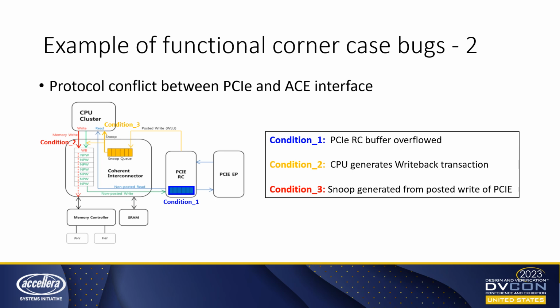At the same time, in condition 3, the PCIe will generate a posted write, and this posted write will generate a write line unique transaction, which will generate a make invalid snoop to the CPU cluster. But the pending write-back transaction will block this snoop transaction, and this posted write cannot be completed.